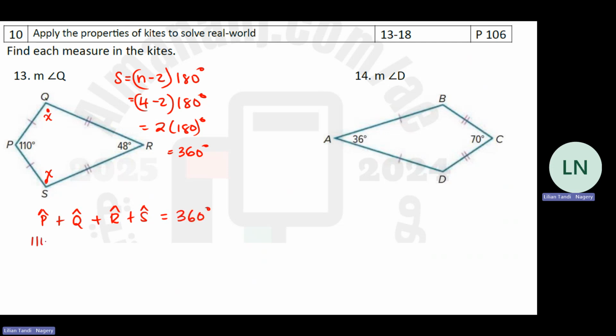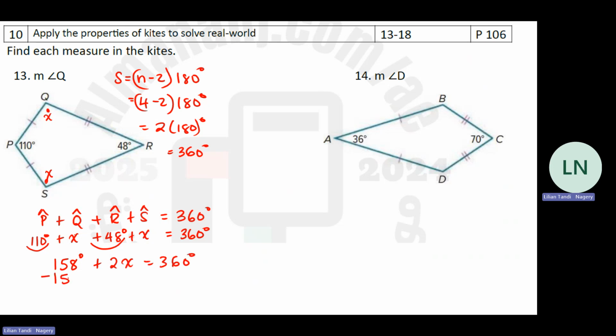Angle P is 110, angle Q is x, angle R is 48, angle S is x, equals 360. And then I put my like terms together. So that will be 158, and then x plus x is 2x equals 360 degrees.